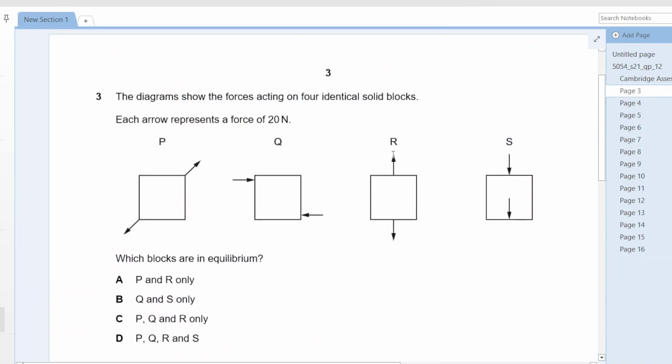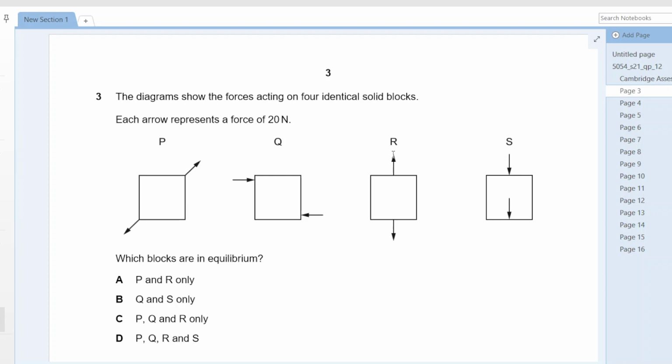At question 3, the diagram shows the forces acting on four identical solid blocks. Each arrow represents a force of 20 newton. Which blocks are in equilibrium? For the condition of equilibrium, when two equal and opposite forces act on a single body, the body remains in equilibrium.